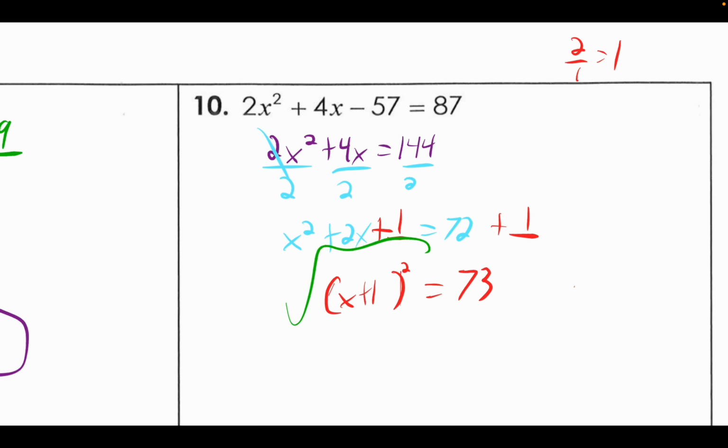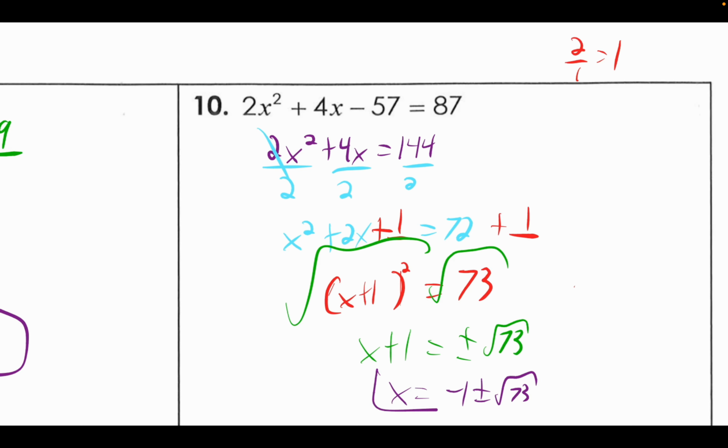There we go. As I square root both sides, I get x plus 1 equals plus or minus the square root of 73. Now notice I didn't start simplifying this because you actually can't simplify the square root of 73 at all. No perfect squares go into 73. And because of that, we just go ahead and subtract the 1, and we get negative 1 plus or minus the square root of 73.